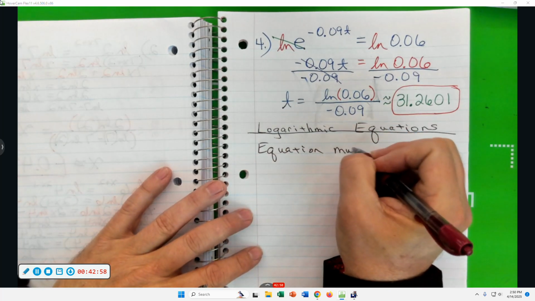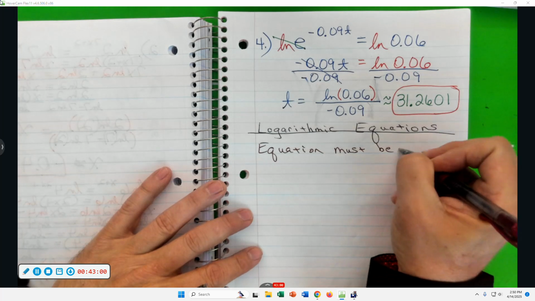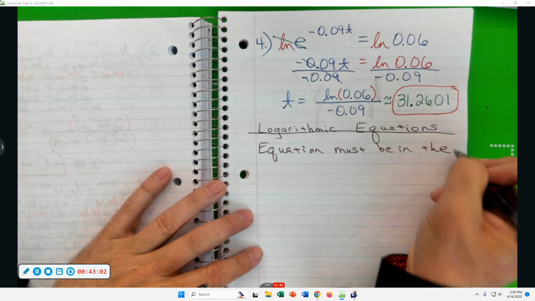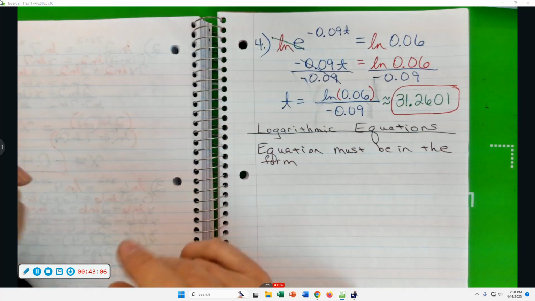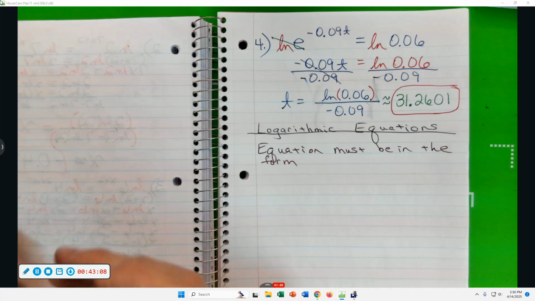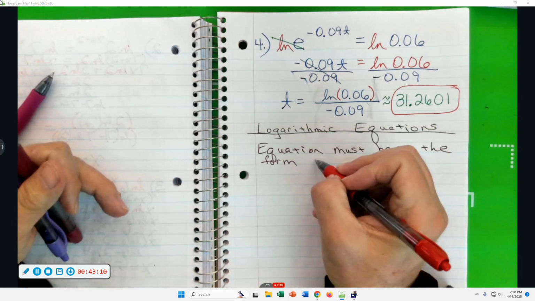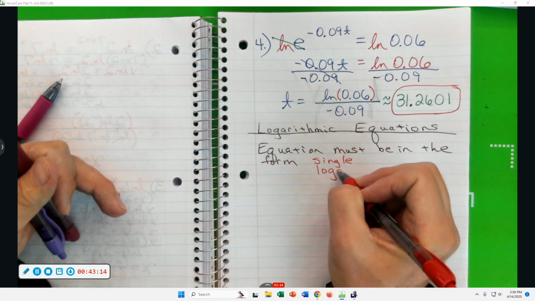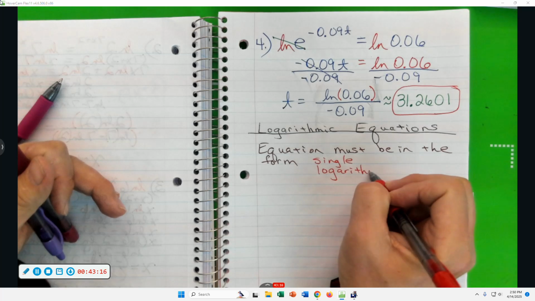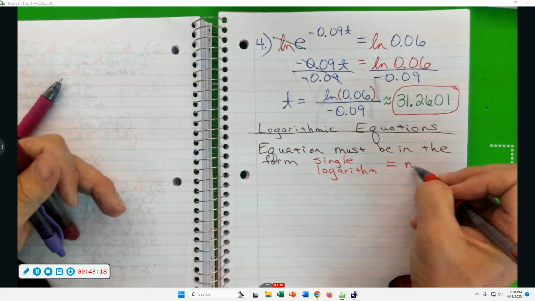Equation must be in the form single logarithm equals a number.